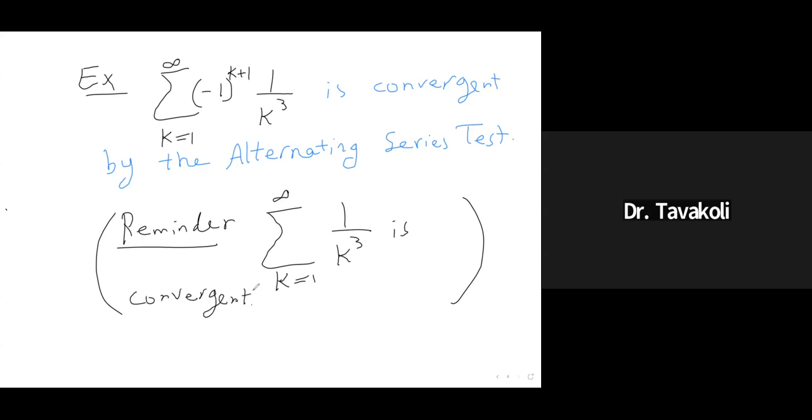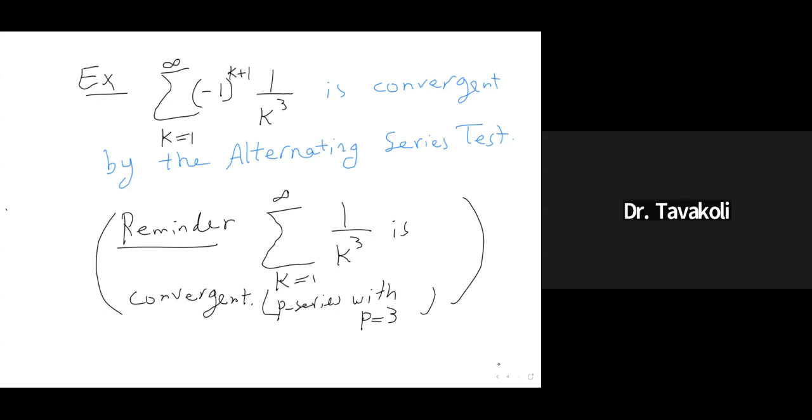Because it's a p series with p equals 3. We know that if it's a p series and p is more than 1, the series is convergent. So here both the alternating version of the series and the series with only positive terms are convergent.